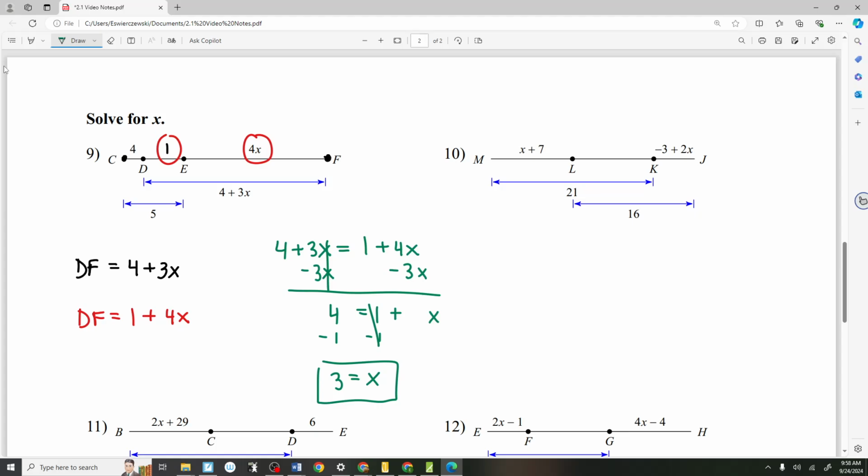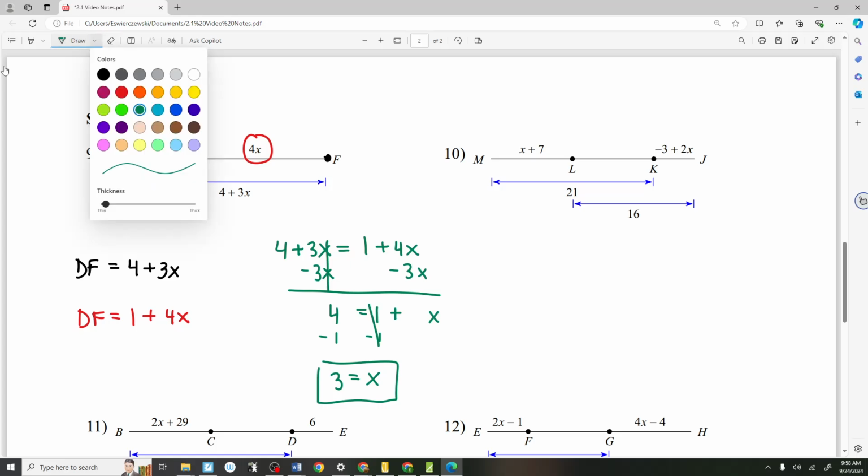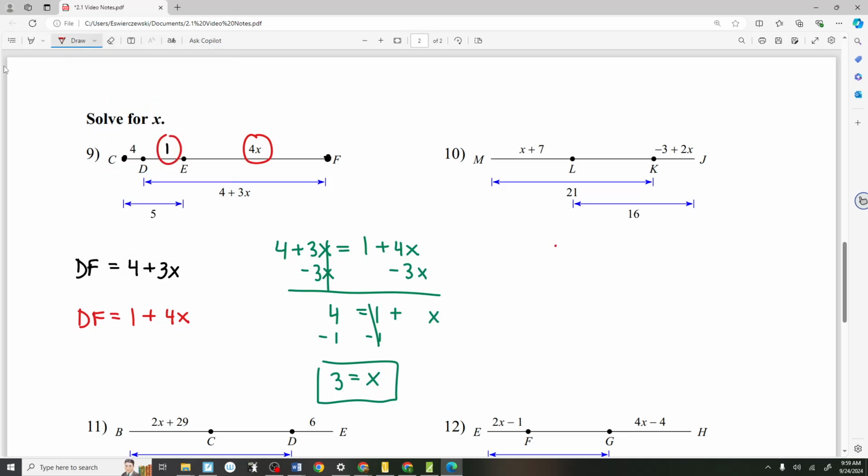Alright, let's see. Okay, so number 10. These problems are a little tricky. You've got to kind of think, how can you write expressions for maybe things you don't know yet? So LK, I'm looking at this and I'm thinking, okay, well, I know this is 21 and I know this piece is x plus 7.